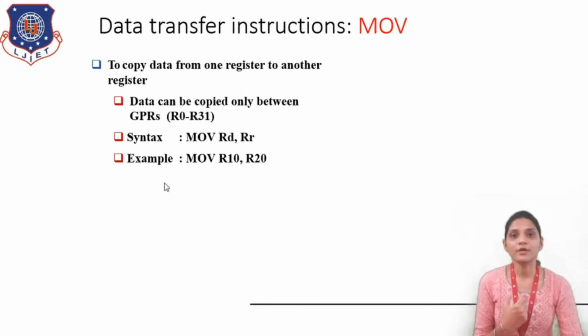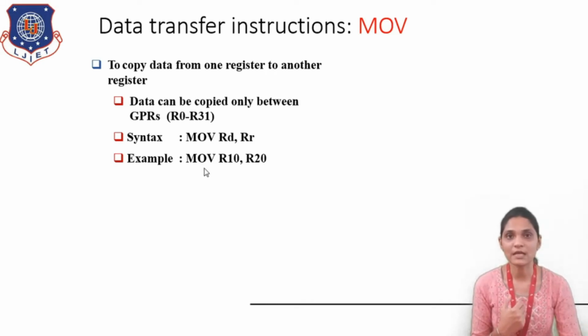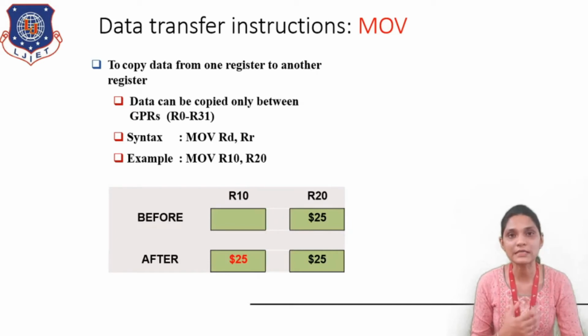So for example, if we consider the instruction MOV R10, R20, in this instruction the content of register R20 is used, and that is going to be stored inside the destination register, that is R10. So this kind of instruction we can use for storing the data into a particular register from another register.